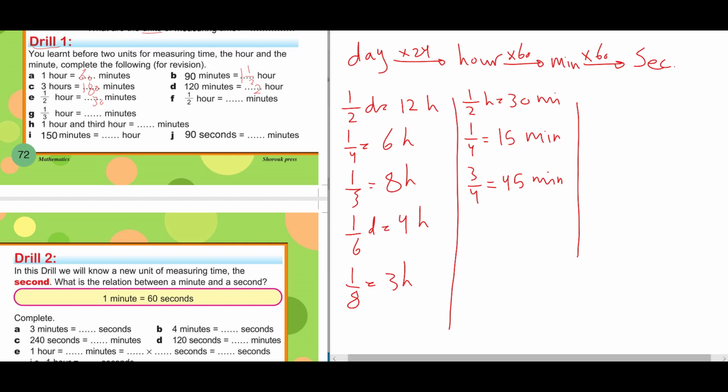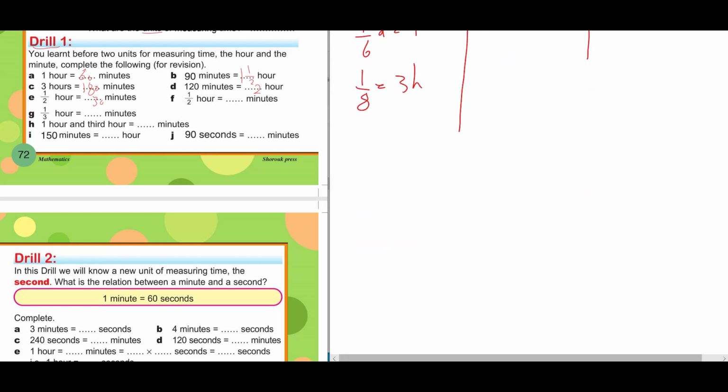Letter G, third hour equals how many minutes? To convert from hour to minutes, we said that we have to multiply by 60. So, multiply third times 60 equals 20 minutes.